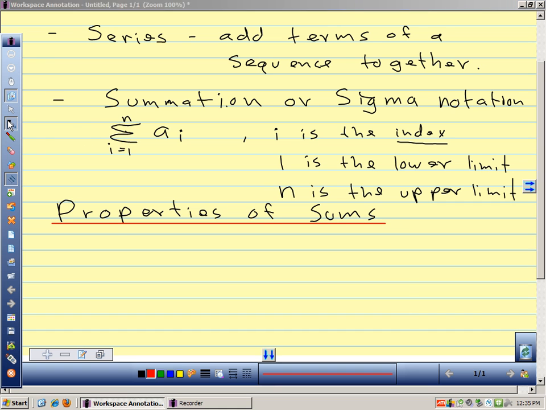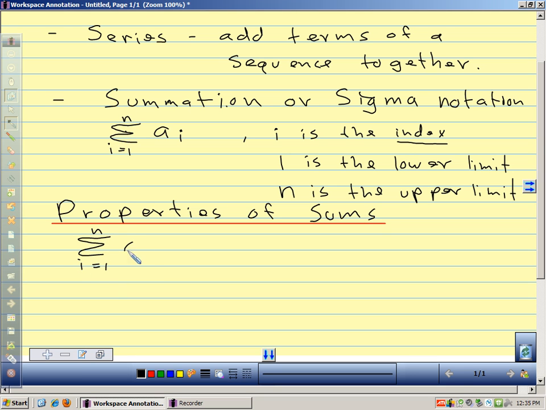Our properties of sums: if we're summing and multiplying each term by a constant, we can pull the constant out front. So if we have some constant that's multiplying each term of our sequence, we can pull that constant out front.